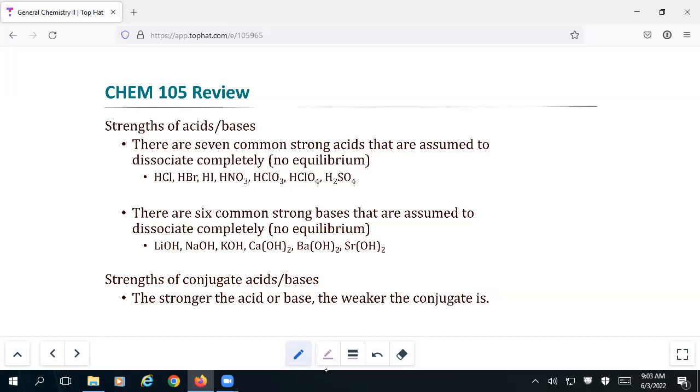And we're going to find the same problem. The stronger that base is, the less acidic those ions are going to be. And so sodium ion in water, no effect on pH. Potassium ion in water, no effect on pH.